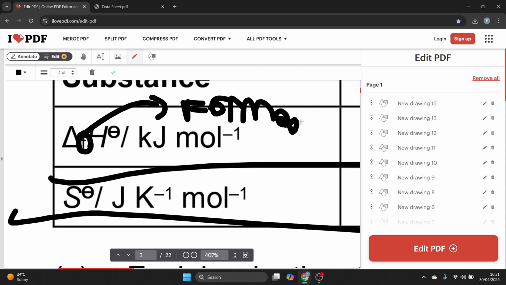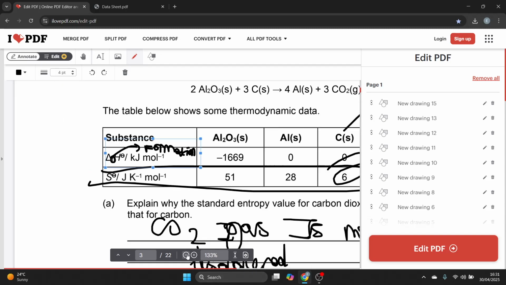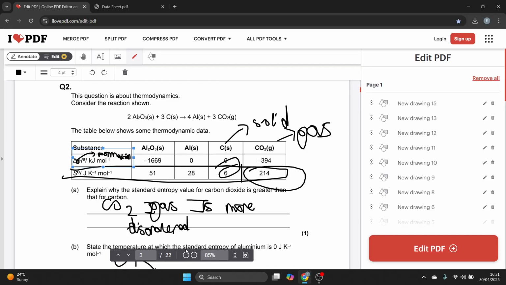So because it's formation data, I'm going to use the formation formula, enthalpy of products minus enthalpy of reactants. But if it was combustion data, I would use the formula the other way around. It's very important you see that, because don't assume the data. Actually read it and then have a look at it.